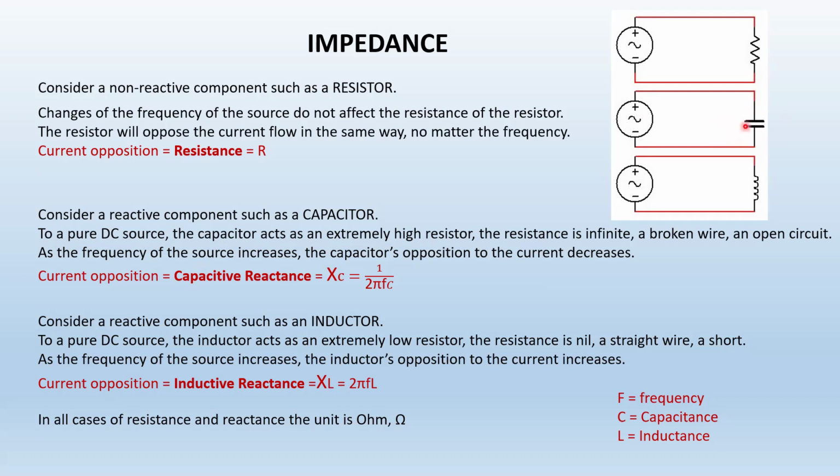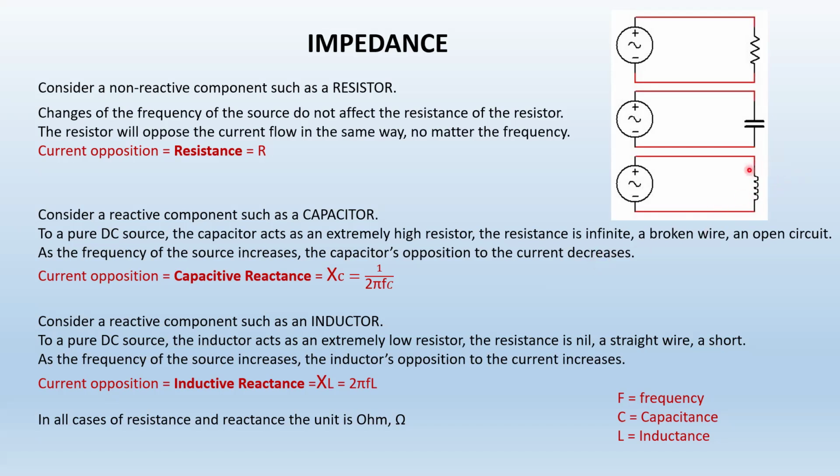All right. Now, I'm just going to stop on this line and go visit the same line on the inductor side. To a pure DC source, the inductor acts as an extremely low resistor. It's just like if you were connecting those two sides with a piece of wire, which for the most part we can consider as 0 ohms, unless you want to go into really highly scientific details that, yes, you will have a little resistance, but we're not talking about that at this point.